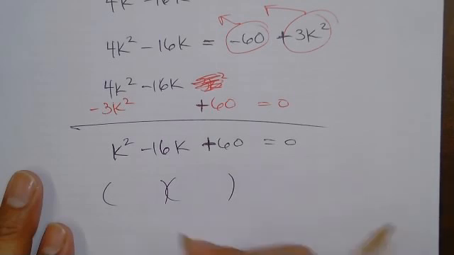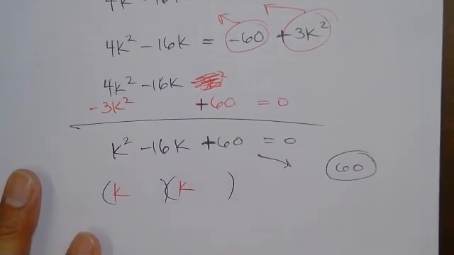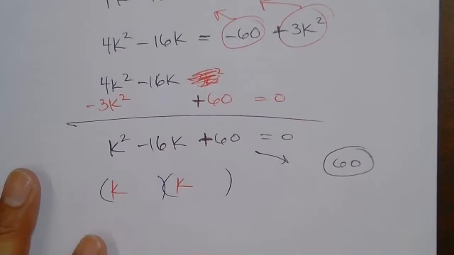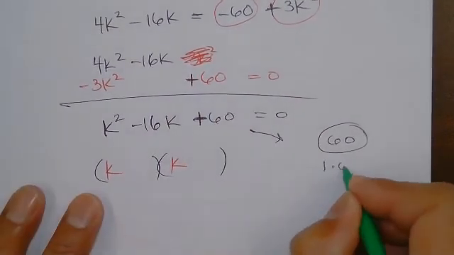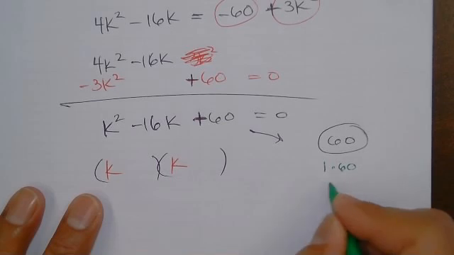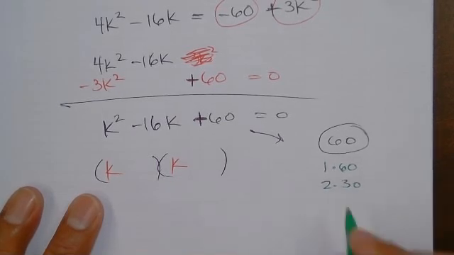All right. And this will be factorable. This 60 has a lot of pairs of numbers that multiply to 60. All right, here we go.